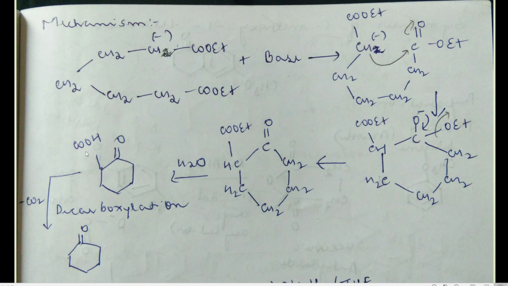There is removal of this COOH group, that is called decarboxylation, and this is replaced by H. So this COO goes out as carbon dioxide, CO2, and this H remains here. Okay, that is what is happening here. So finally we get our cyclic product, that is cyclohexanone.